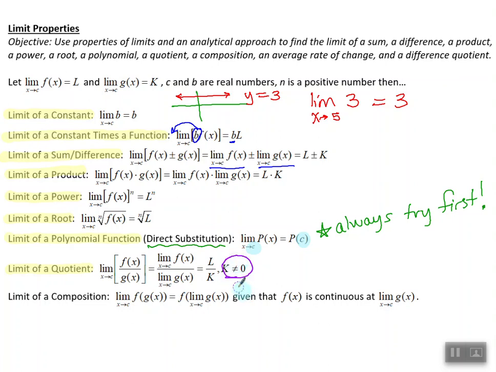So this can only be used provided that that denominator is not equal to 0. Often a good strategy is to just do one limit at a time and see that the denominator is not going to equal 0. Finally, we're going to work with the limit of a composition.